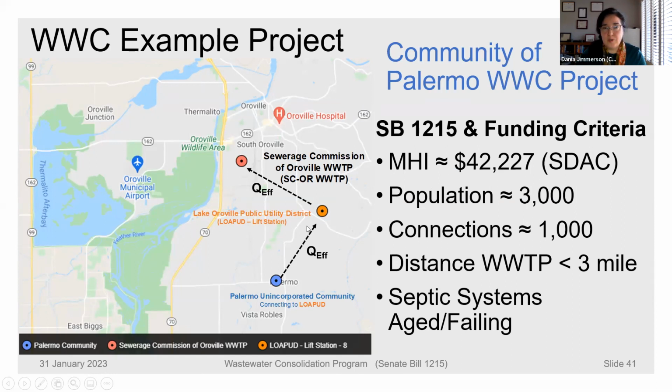And this is very interesting because Lake Oroville Public Utility District discharges into the Sewer Commission of Oroville wastewater treatment plant. So they send their effluent for ultimate treatment to another wastewater treatment plant. So potentially the project is going to include extension of wastewater treatment capacity and construction for these two entities.